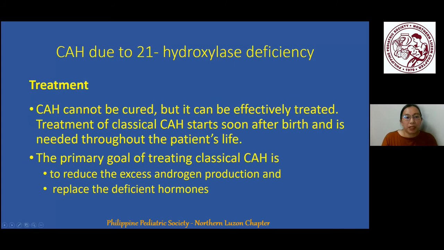So treatment for CAH due to 21 hydroxylase deficiency: CAH cannot be cured, but it can be effectively treated. Treatment starts soon after birth and is needed throughout the patient's life. The primary goal of treating classical CAH is to reduce the excess androgen production and to replace the deficient hormones.